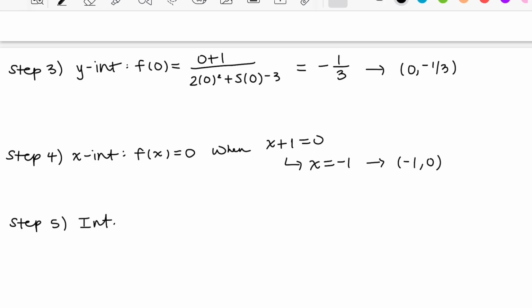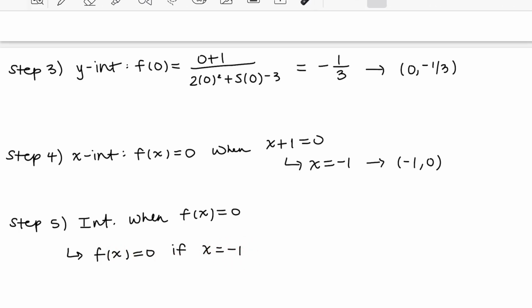We know that our function is going to intersect our horizontal asymptote when f of x is equal to our horizontal asymptote, so when it's equal to 0. And we actually saw from step 4 here, this guy will be equal to 0 if x is equal to -1.